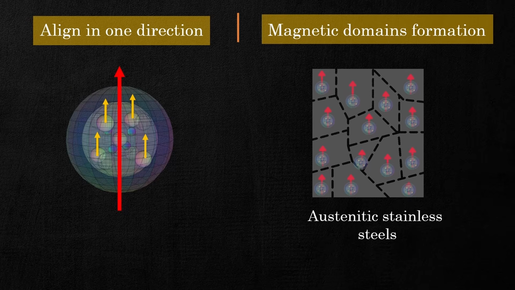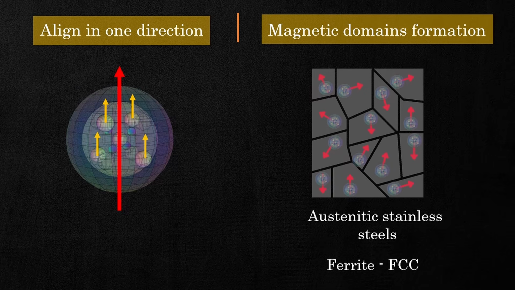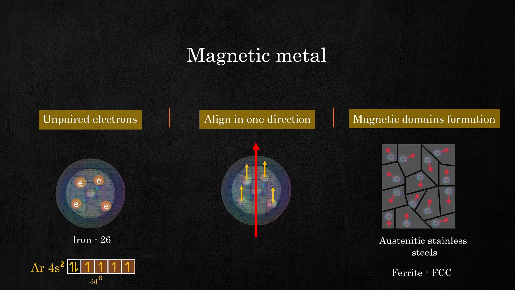But austenitic stainless steels have an FCC structure, and FCC does not allow the magnetic domains to form. Even though iron atoms still have unpaired electrons, the FCC arrangement blocks their alignment. So the metal becomes non-magnetic. That's why 304 and 316 do not attract a magnet.